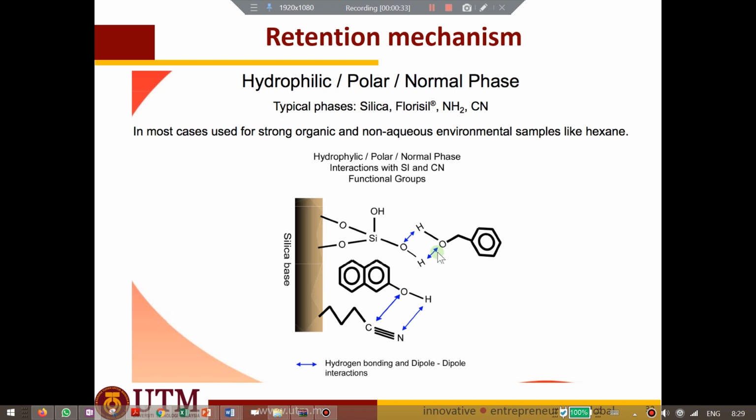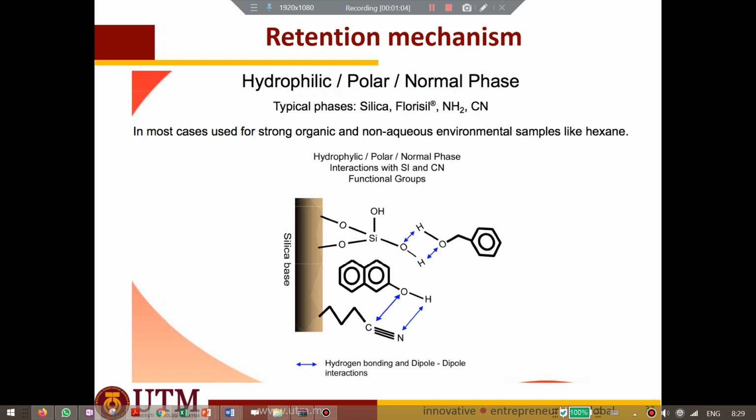Remember, in the non-polar SPE, they use the van der Waals force, but in the normal phase SPE, we use hydrogen bonding and dipole-dipole moment. Here we call it the dipole-dipole moment. Here we call it the hydrogen bond lah. Yang ni kita bagi hydrogen bond ni, NH. Okay. So this is the mechanism of the SPE.